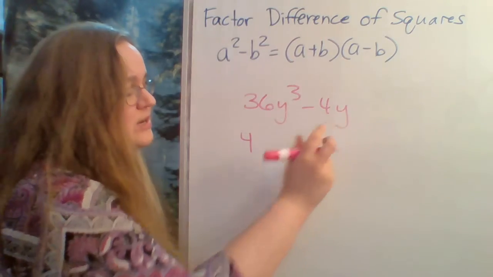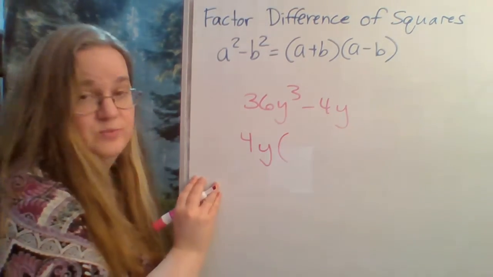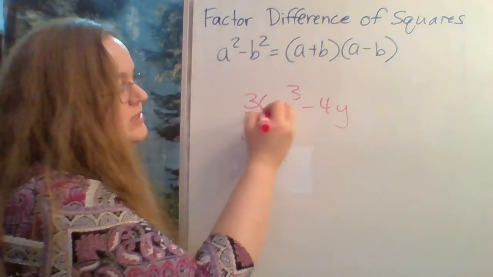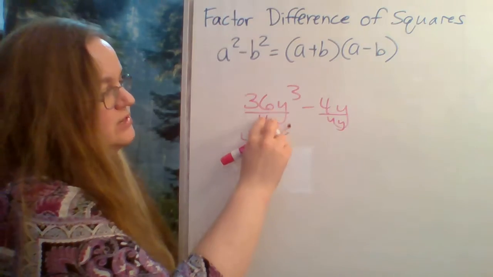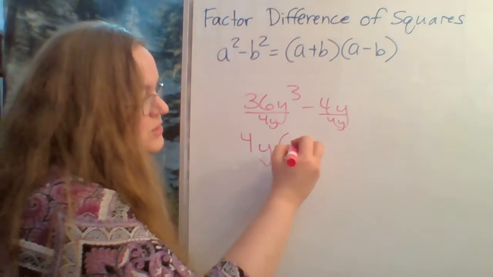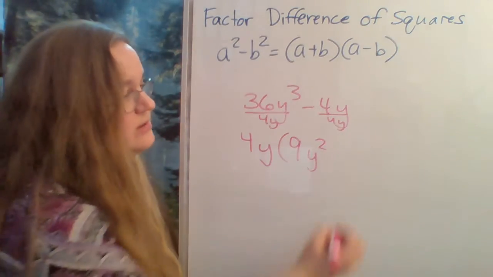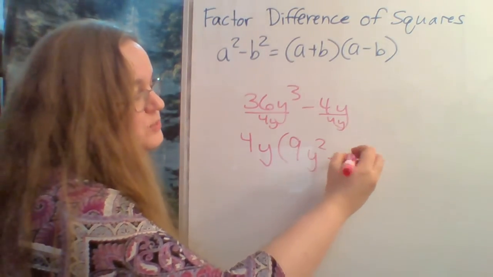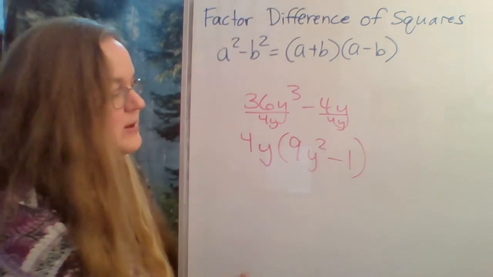Y to the third and y have a common factor of y. So I'm going to take out that GCF, which means I'm dividing each of these by 4y. 36 divided by 4 is 9, and y to the third divided by y is y squared. 4y divided by 4y is 1. And remember, 1 is a perfect square because it's 1 times 1.